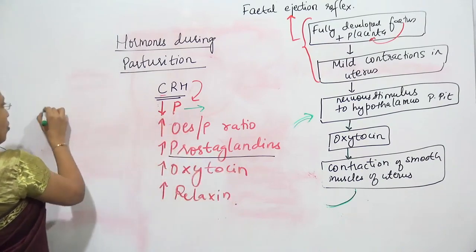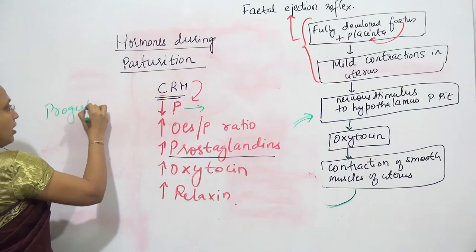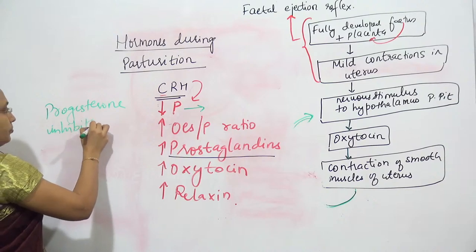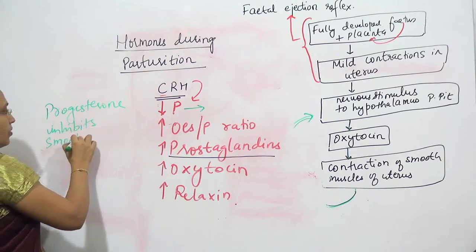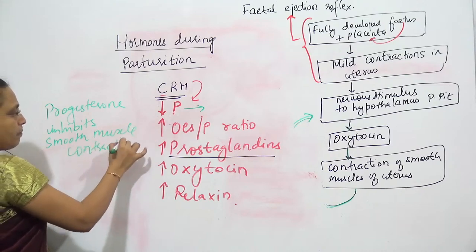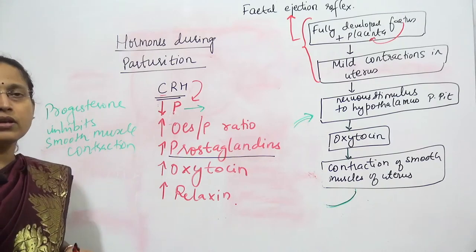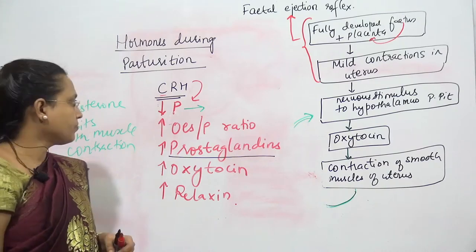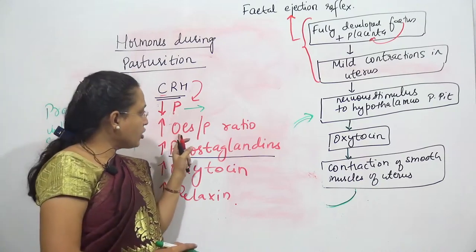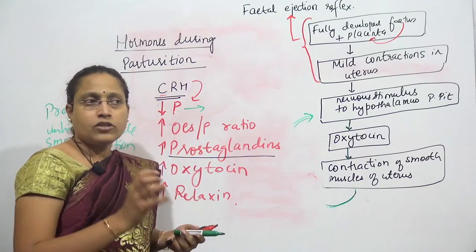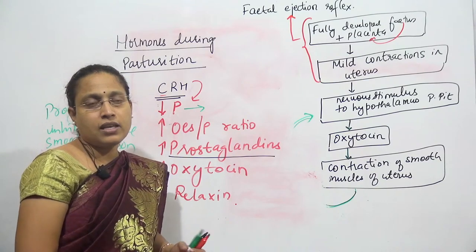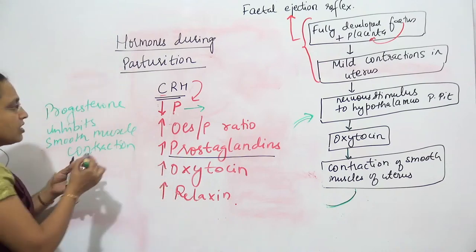So you should know progesterone inhibits smooth muscle contraction. Now, what does estrogen do? When the ratio of estrogen to progesterone is high, estrogen will stimulate the expression of oxytocin receptors in the smooth muscles.